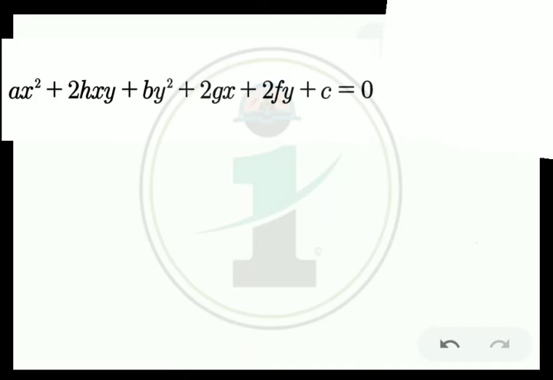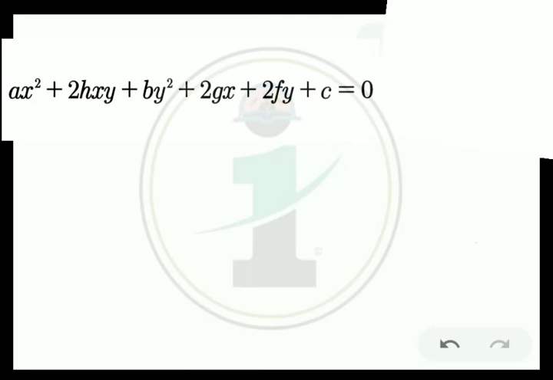So this is the most general equation for any conic section, but we will not go into the detail. We'll talk only about the simplest form of the equation.